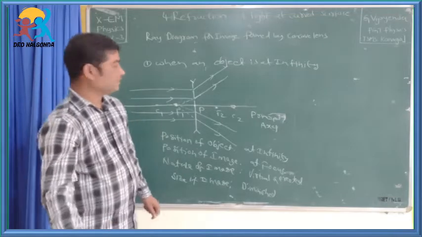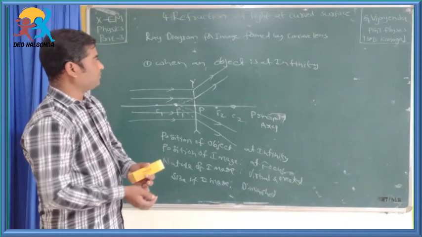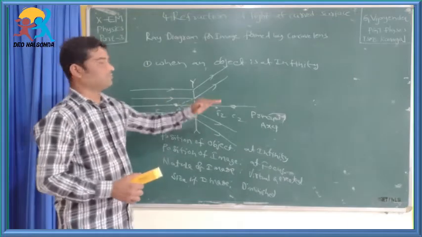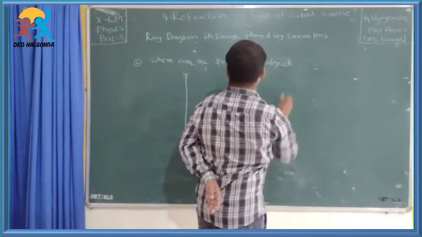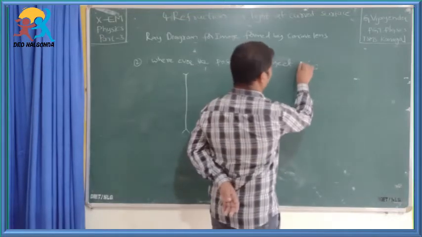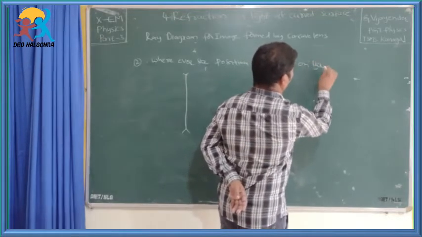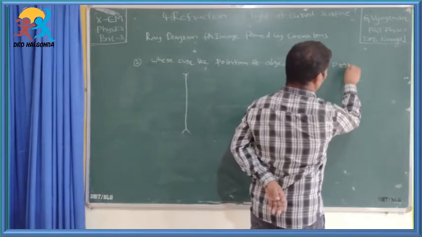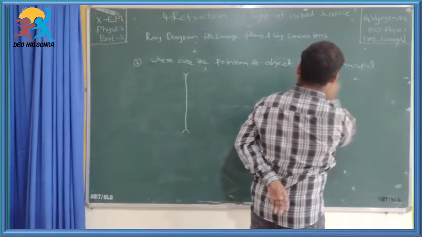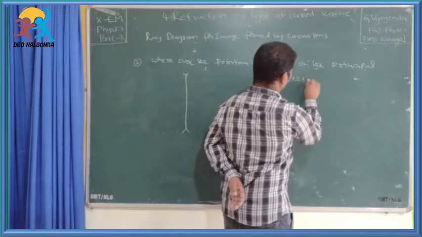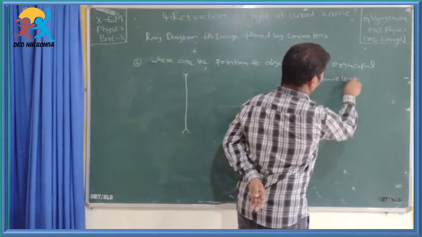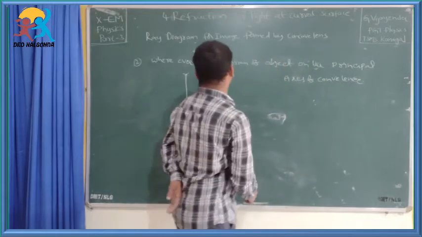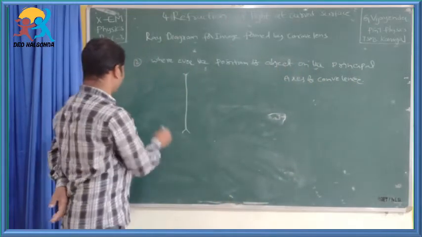In the next case, whenever the object is placed on the principal axis of the concave lens, how is the image formed? Wherever the position of the object on the principal axis of the concave lens, except at infinity, how is the image formed?